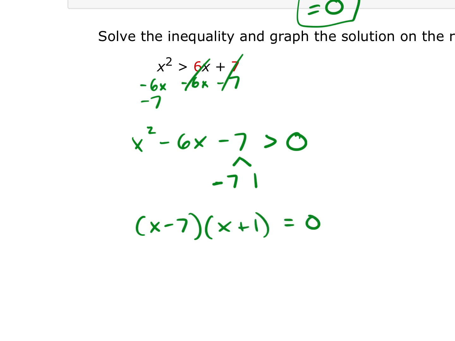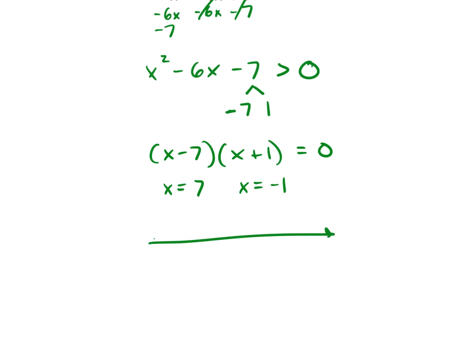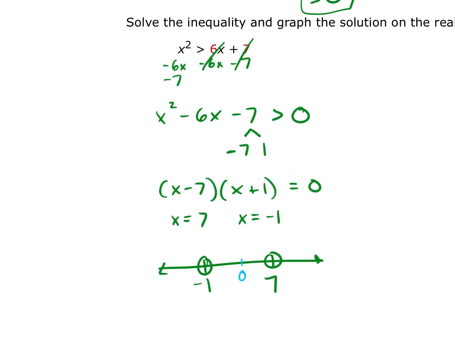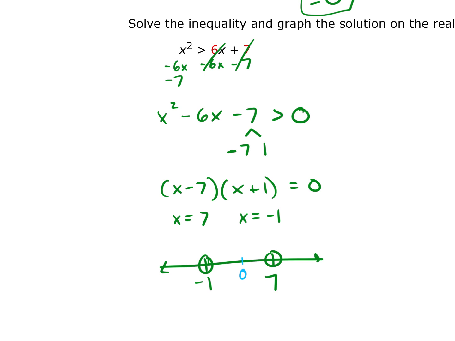Since we have 2 answers, we're going to want to check our answer choice anyways. So we can say x equals 7 and x equals negative 1. So we'd want to put those on a number line. Negative 1 and 7. And then we want to check and see, are we talking about values in between these numbers or outside? So you can plug in something like 0, because that's in between. You can either plug it into the original or plug it into your other one.